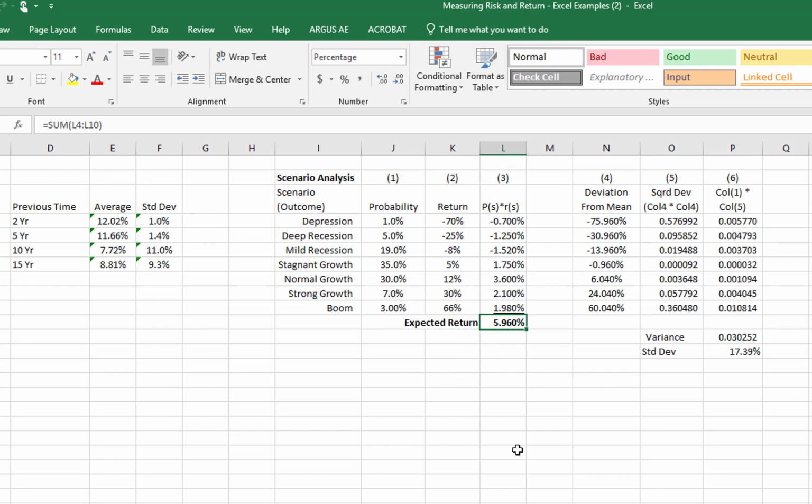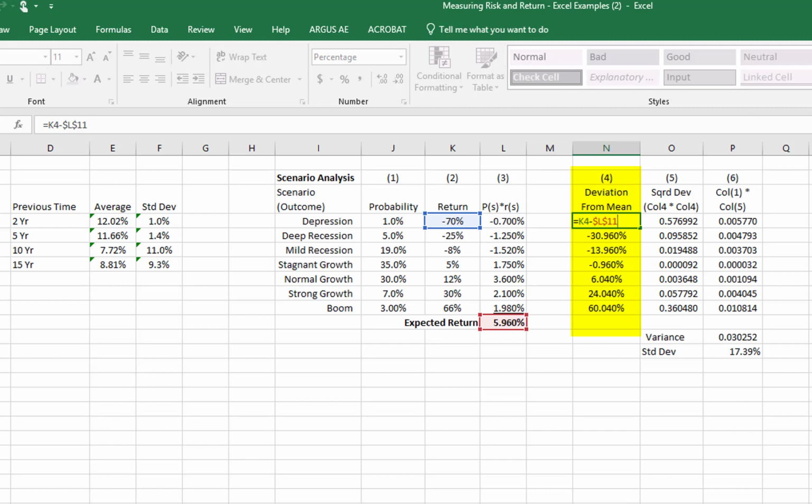And so the next question in determining the variance and the standard deviation is to see how far away we are from the expected return in each of these scenarios. That's what this column is doing here, where I have the deviation from the mean, column 4. If you look at the formula, it's just the return for that scenario, and then we subtract from that the expected return over all of the scenarios.